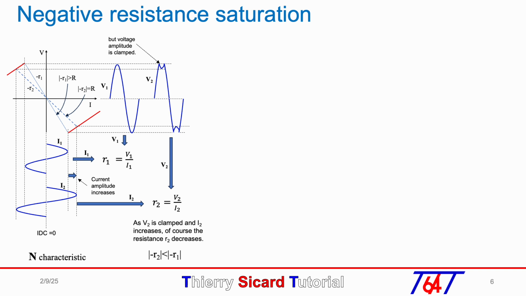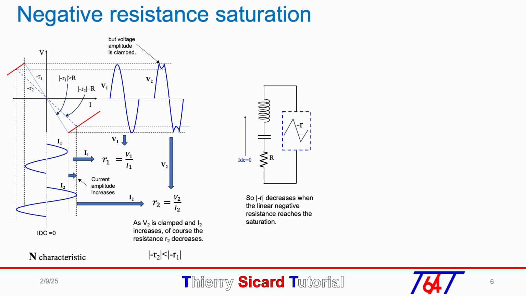It will decrease until the absolute value of minus R is equal to the uppercase R. So, the negative resistor with N characteristic fits well to the RLC series circuit because minus R plus capital R must be negative at the beginning to start the oscillation and then be equal to 0.